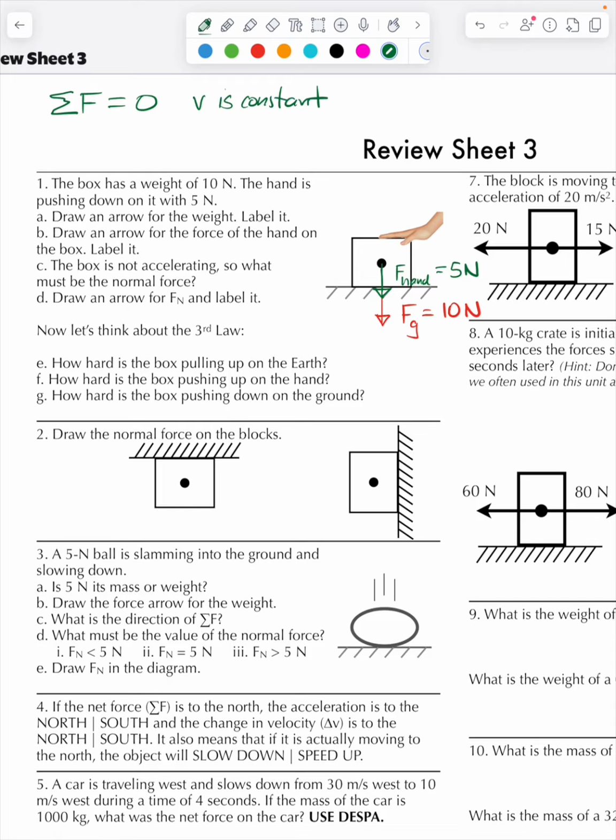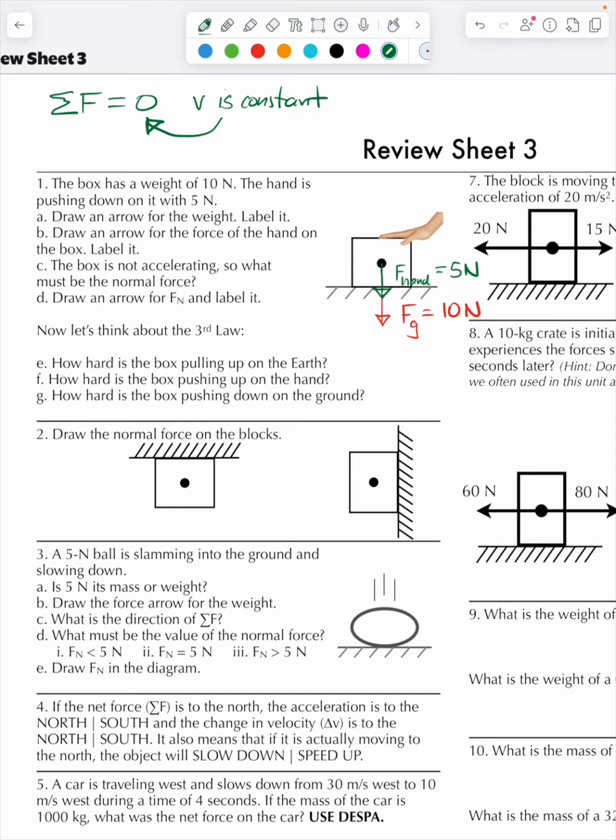In other words, the acceleration is 0. It's not changing velocity. But the converse is true as well: if the velocity is constant, if it's not accelerating, if it's not changing velocity, that must mean the net force equals 0.